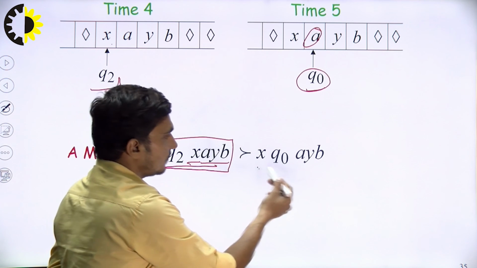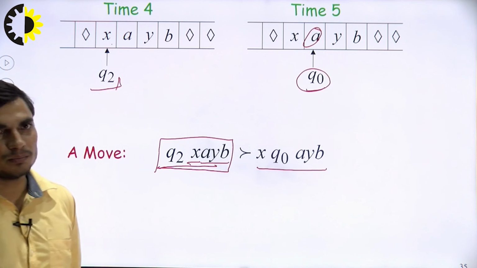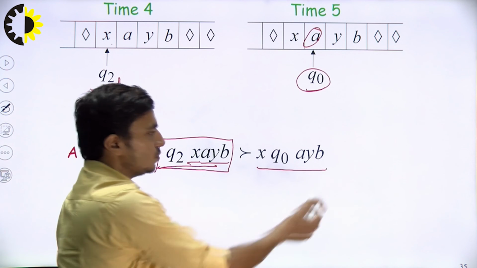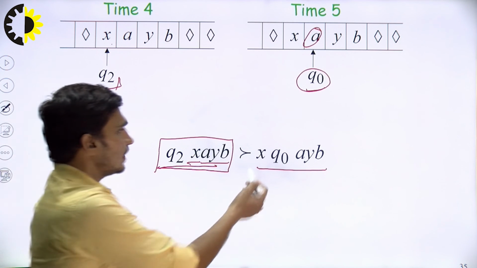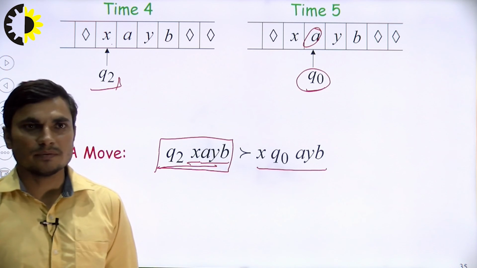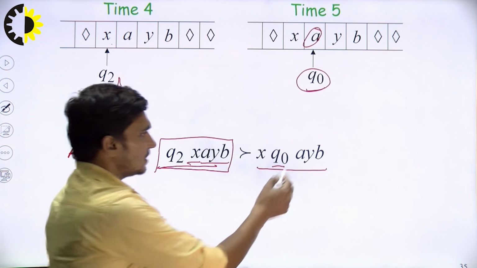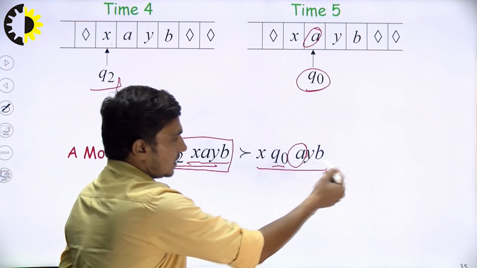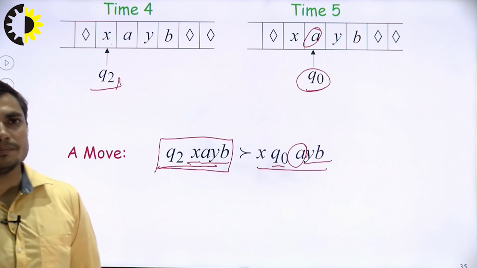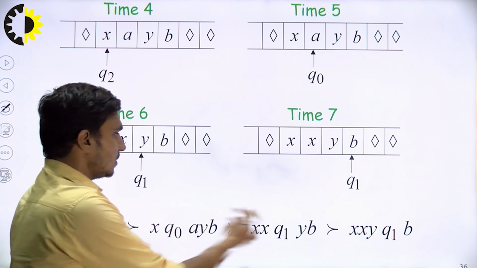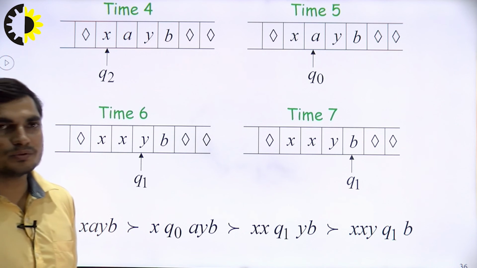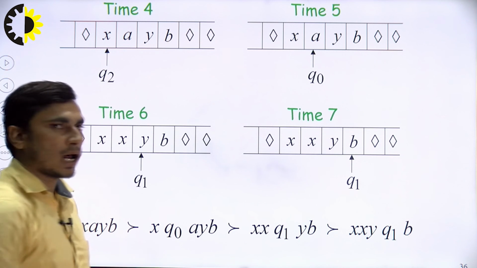After this ID, if we make a single move, we will reach this particular state: X is now on the left side, Q0 is the current state, the next input we are going to read is A, and the remaining string is YB. So you can see all those moves which we are representing using the IDs.